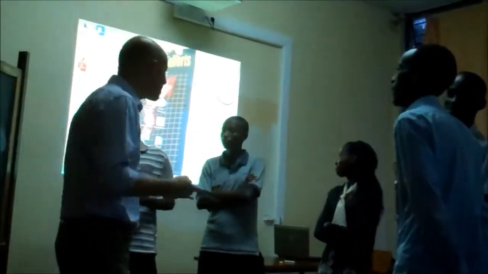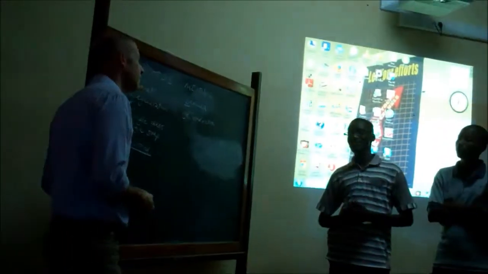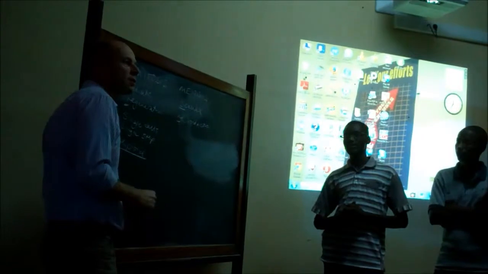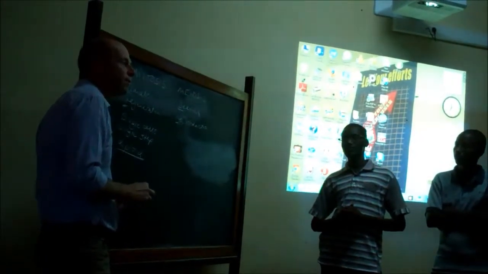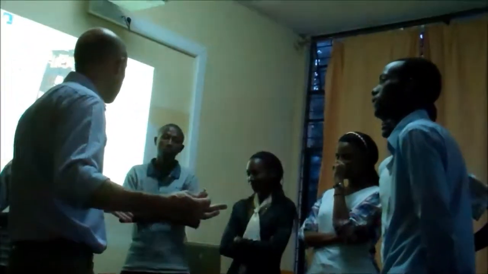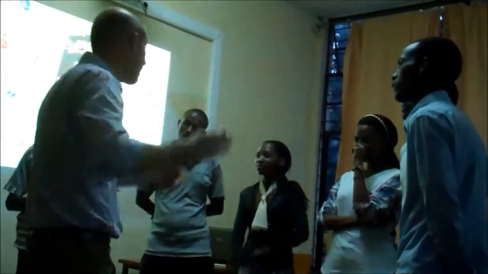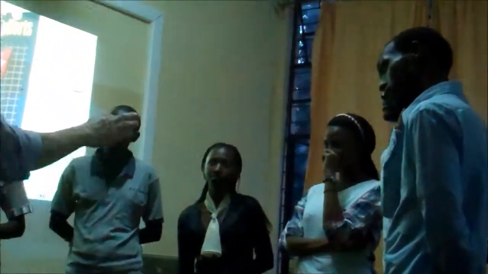So tell me about a diploid human cell. How many chromosomes does a diploid human cell have? Don't be shy, because if you got it wrong, then we'll correct you. If you got it right, then we'll all go hooray. 46? Well, what has a diploid cell got? 46, 23.